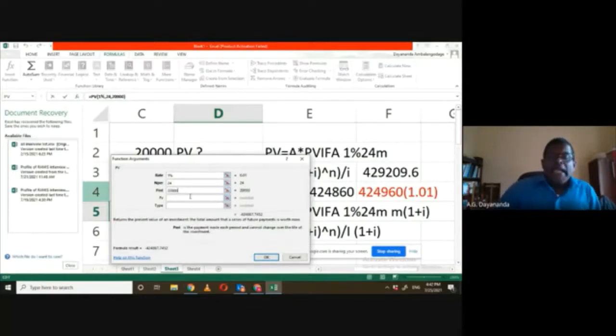Now we assume the cash flows are annuity general. Now, if the cash flows are annuity due, you put here 1. If you put 1, you get the present value.